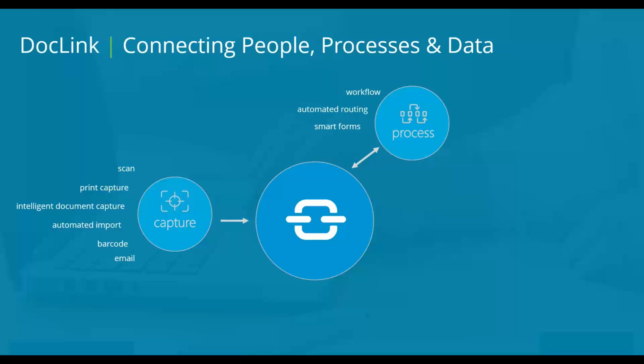Now, in the case of a transaction, like an AP invoice or perhaps a customer purchase order, after we've processed it, DocLink, with our deep integration to those Sage ERPs, has the ability to automatically push the data into Sage to create that transaction that you need there. So we can automatically push invoice information that we've captured directly into the Sage AP invoice entry screen.